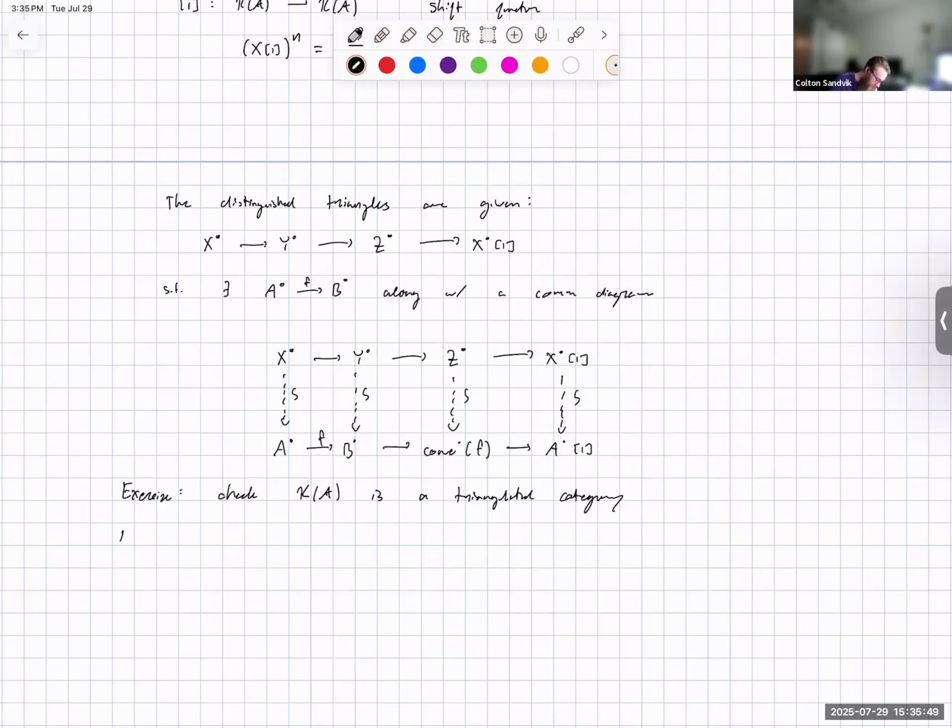A related exercise is to check that this is not an abelian category, unless A is semi-simple or something like that. You have to be slightly careful with these things, but anyway.